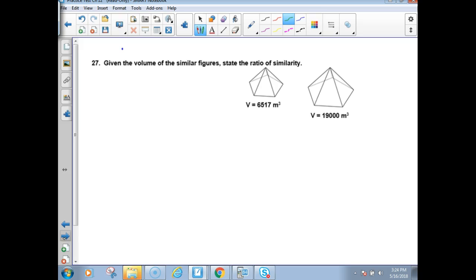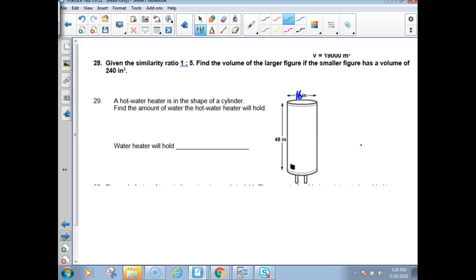All right, 29, given the volume, we just did the problem. All right, now, given the similarity ratio of 1 to 5, this is on your final exam right here. Find the volume of the larger figure if the smaller has a volume of 240 cubic inches. You have to know how to get the volume ratio. This is the similarity ratio, that's A to B. We need to do volume, so we need A cubed to B cubed.